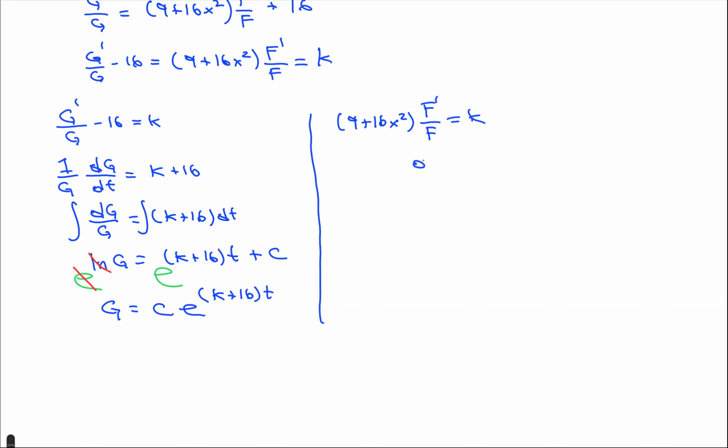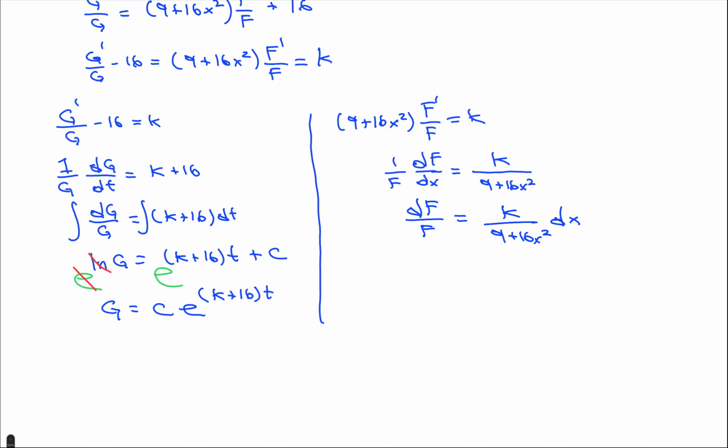At the same time, I'm going to write f prime as df dx, and this f in the denominator is 1 over f. That equals k over 9 plus 16x squared. And let's keep separating the variables. df over f equals k over 9 plus 16x squared dx.